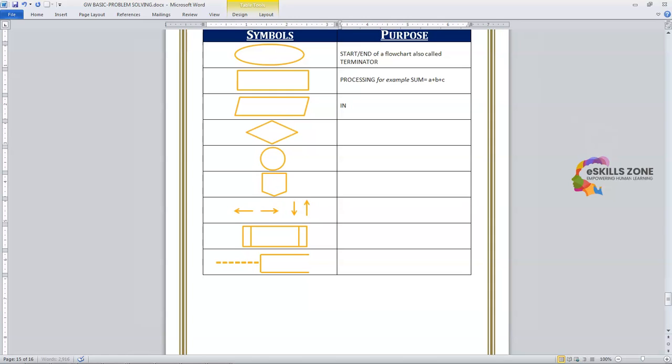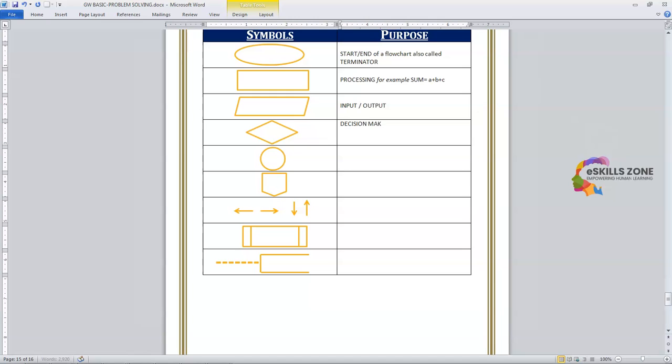One is called the input and the other one is the output. You know very well, the input is always taken from the user and the output is used to display the result.